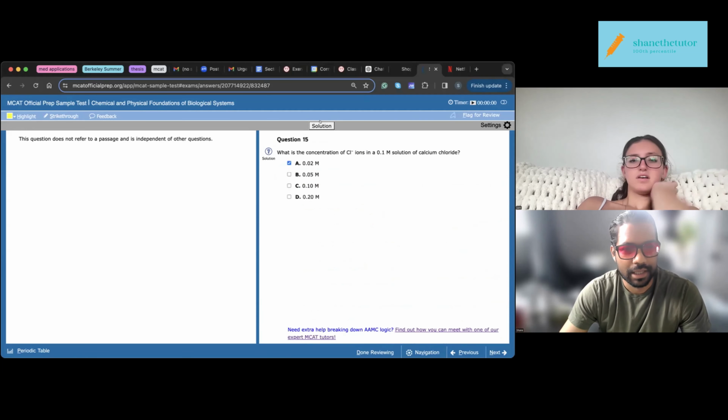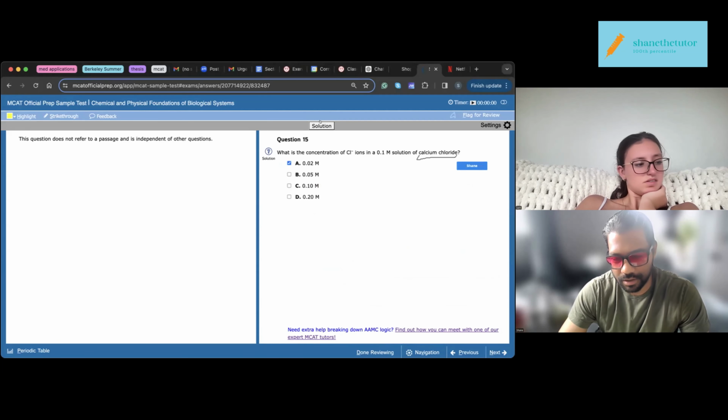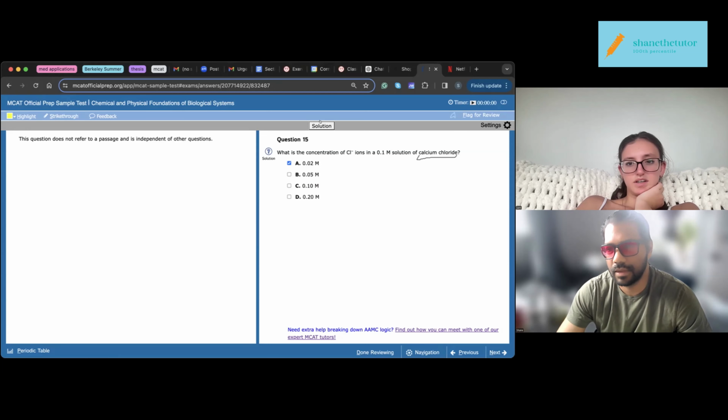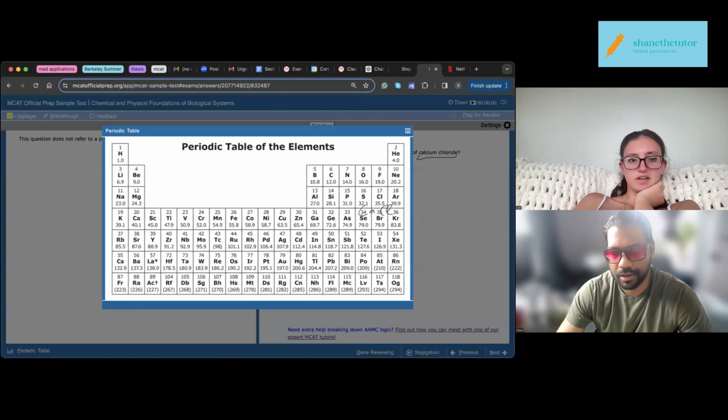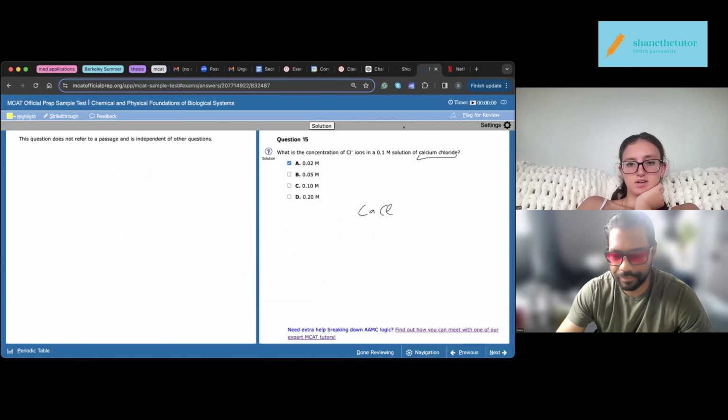Okay, so let's think. What does this look like if we were to draw it? CaCl. So you have to find both of these. You have Ca, which is 40, and Cl. So we're looking for Cl within that.